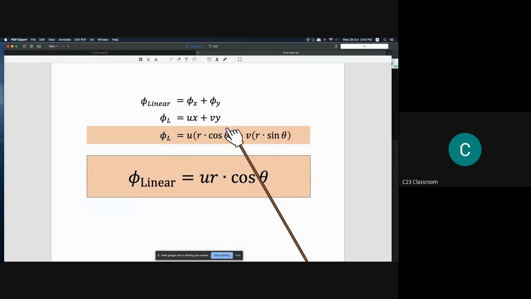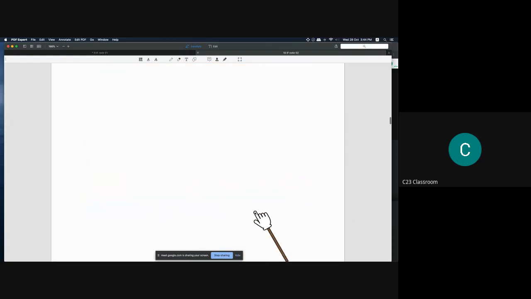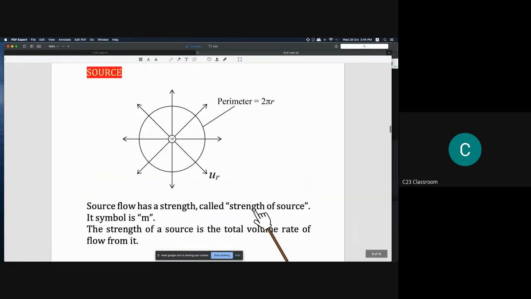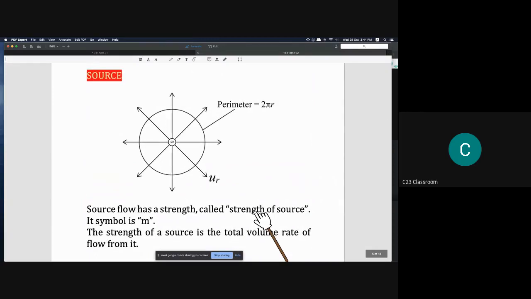If we want to write the equation using polar coordinates, this is the equation, and as I said, normally we have flow parallel with the x axis, so it can be simplified as phi for linear flow is ur times cos theta.